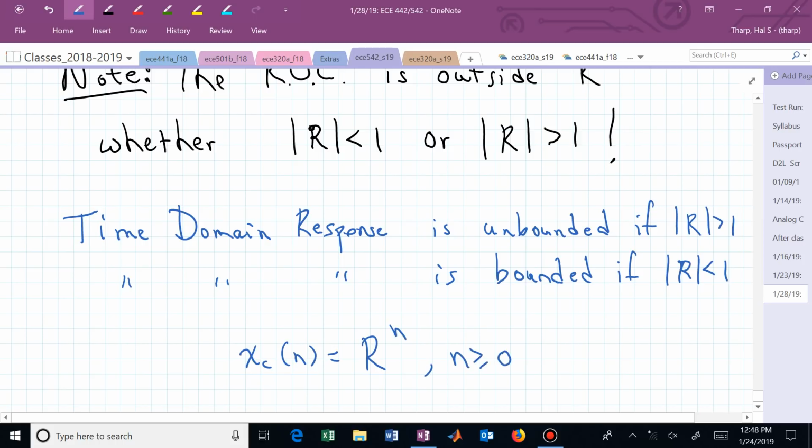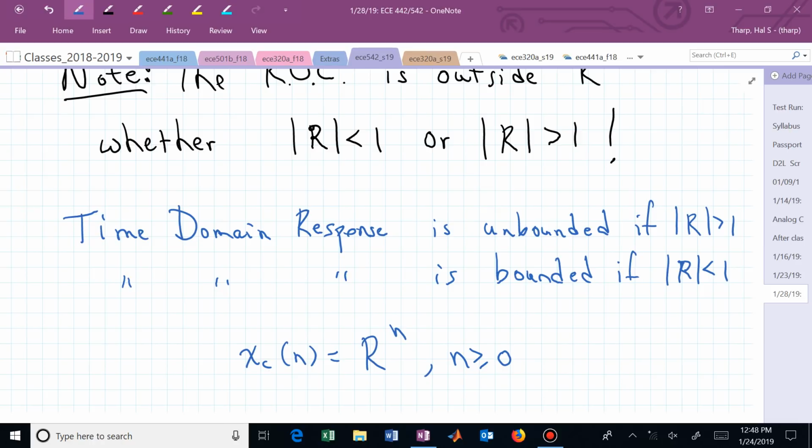This structure in the time domain could be either unbounded or bounded. The region of convergence structurally looks the same, but it will have a smaller or larger hole in its interior depending on what R is. So the region of convergence structurally looks the same, but where exactly it begins, which is beyond R, will depend on whether R is bigger than 1 or less than 1.